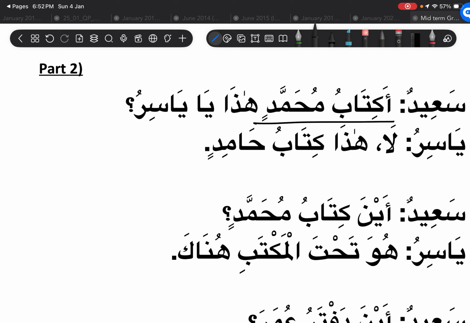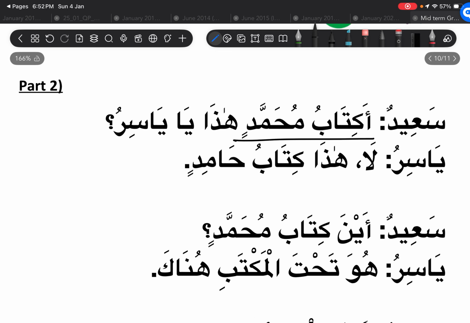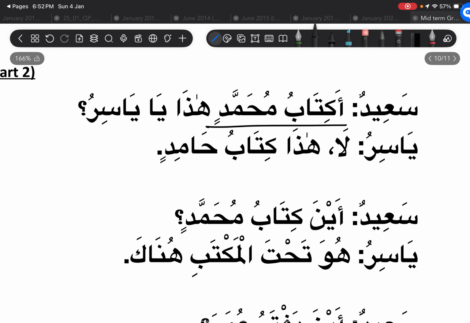Is this book, or you could say, is this Muhammad's book, O Yasir? لا, هذا كتاب حامد. No, this is Hamid's book.